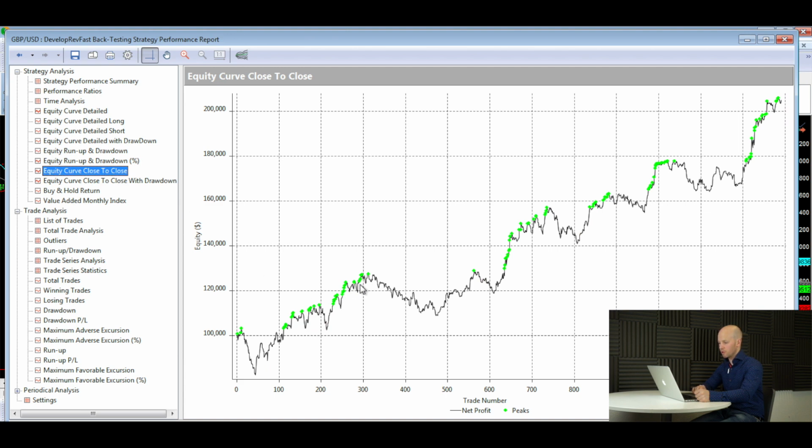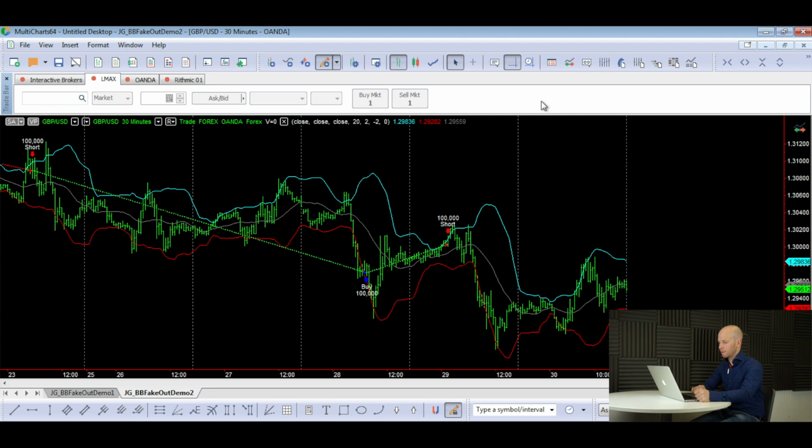Each one of these green dots represents new highs in the equity curve. So you can see right up until only a few weeks ago, November 2020, which is what we're testing on, it was making money. So not bad. The next thing I'm going to do is add some of those trading costs in so you can see what happens.